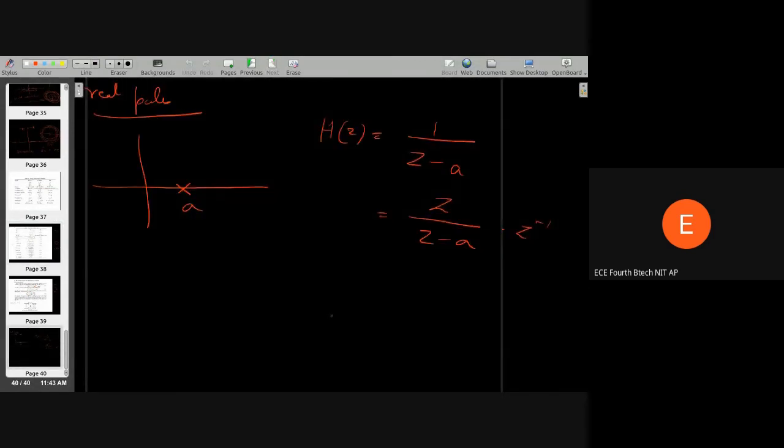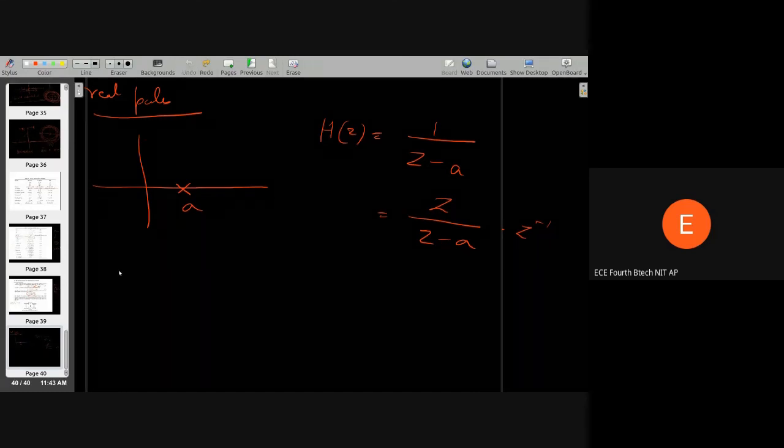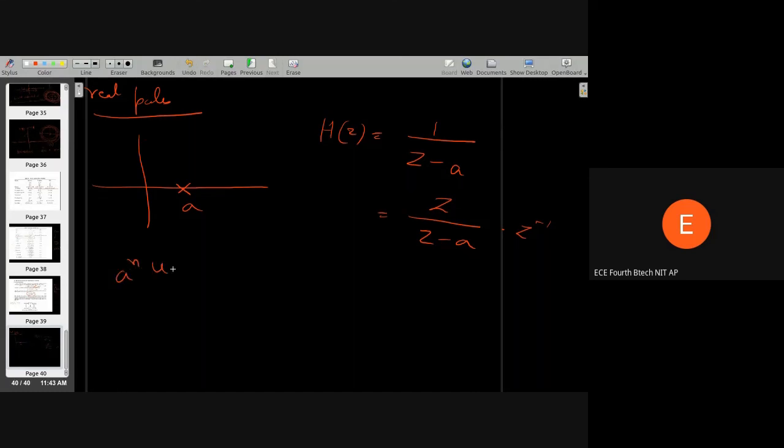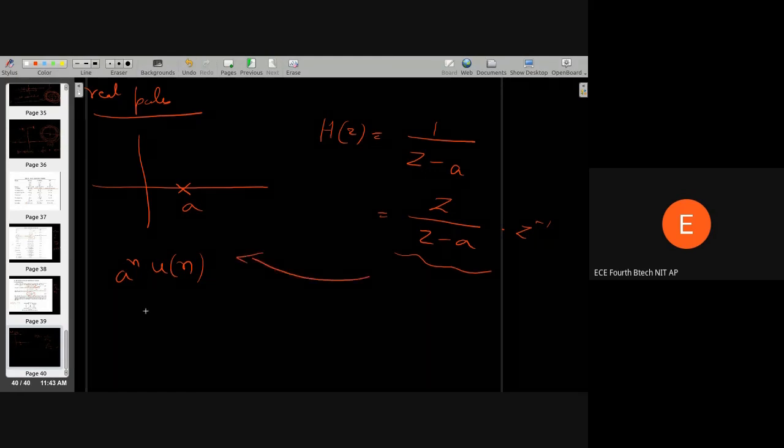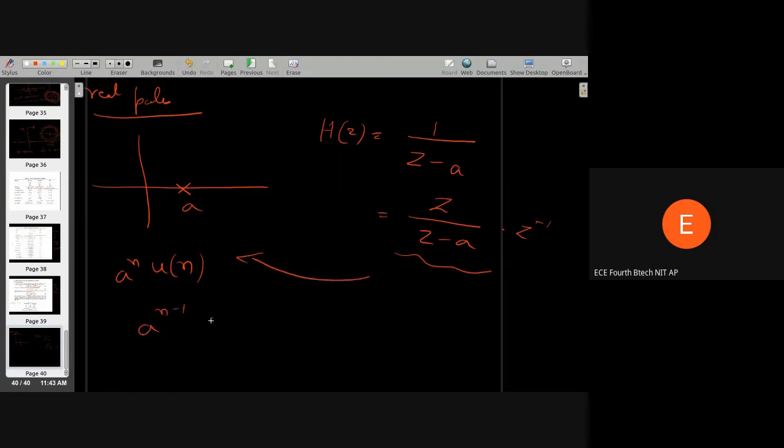It will be a to the power n u[n]. And if you go by properties of Z transform, then z inverse means delaying the signal by unity. Z to the power minus 2 will be delaying 2 times.